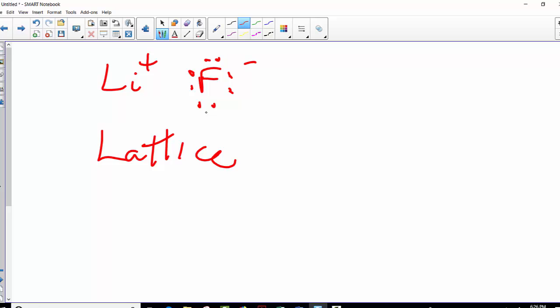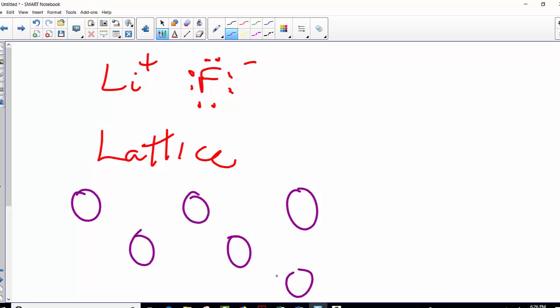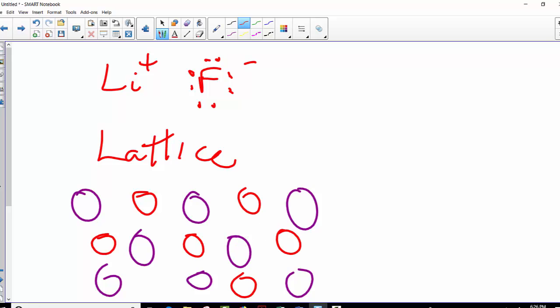I have a model in the lab. I'll show you. But a lattice really is this. If the purple ones are the lithium and the red ones are the fluorine, essentially you've got a whole bunch of them all surrounded by each other.